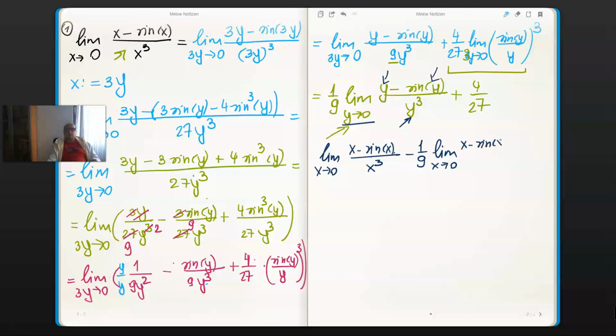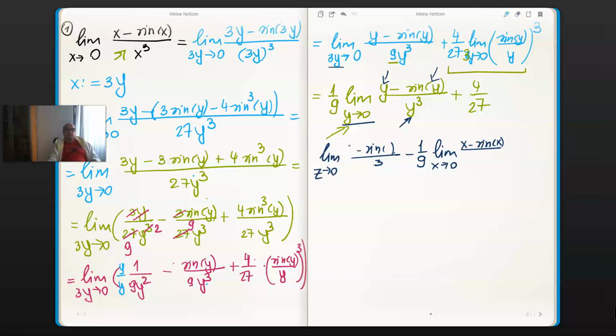For the sake of argument, we can totally switch to z, and we are not changing anything, because if 3y was approaching 0, y is approaching 0.